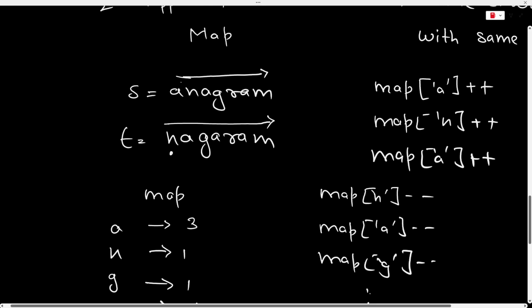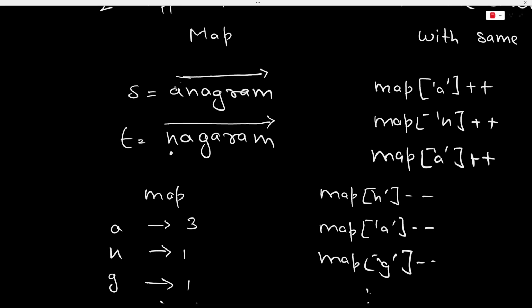Because when we traversed our first string, we incremented everything, we added everything into our map, but when we traversed the second string, we took away everything. So if both of these strings had the same characters in the same quantity, everything which was inserted into the map should have been taken out of the map when we traverse the second string.